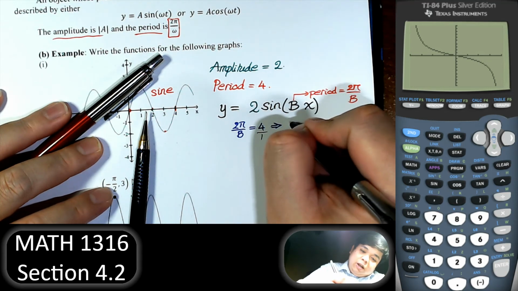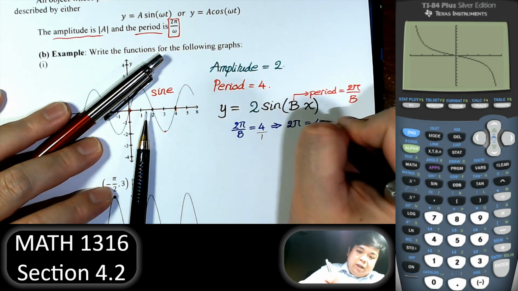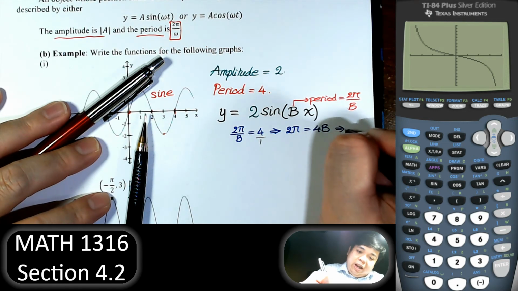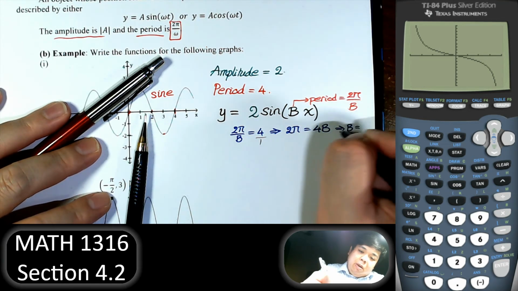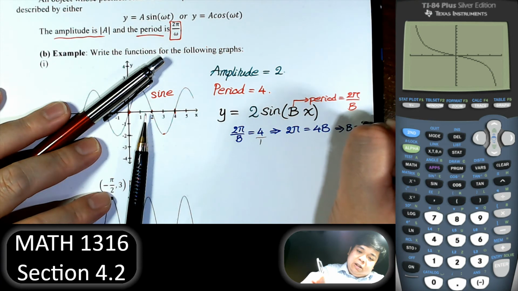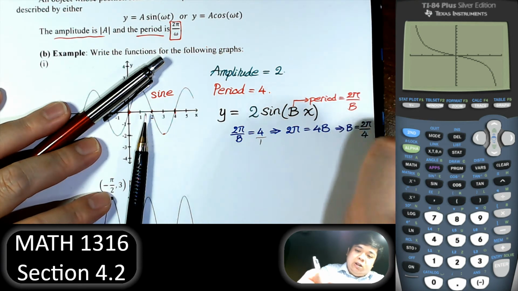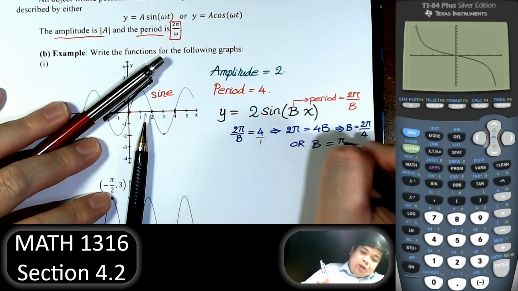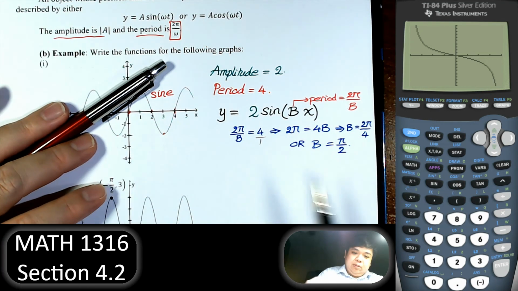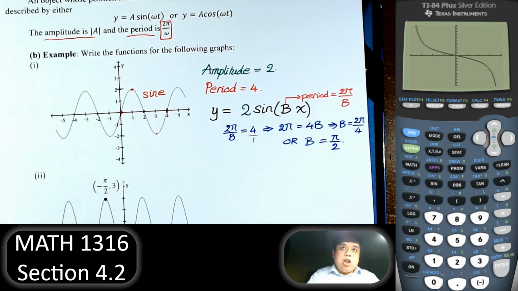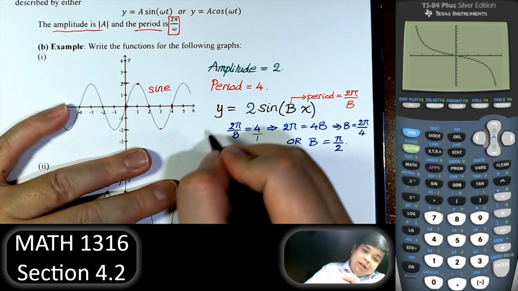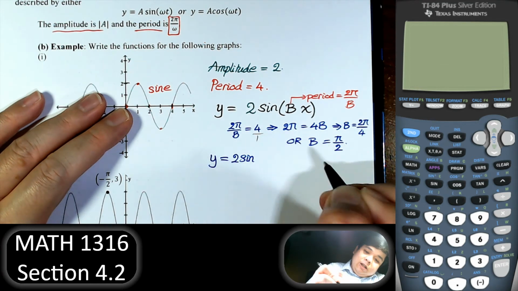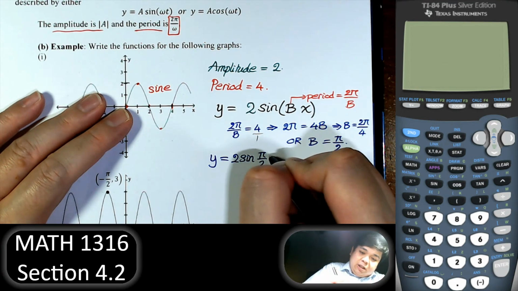Cross multiply, 2 pi is equal to 4b. Divide by 4 on both sides, so b is equal to 2 pi over 4, or b is equal to pi over 2. So we will have the function y equal to 2 sine pi over 2 x.